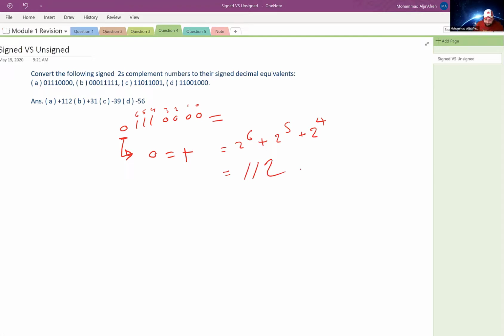Now let's forget about the other one, because it's still the same. We are taking this, and the 0 is indicating a positive.